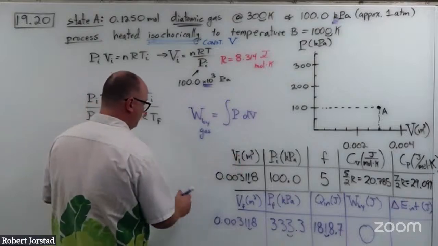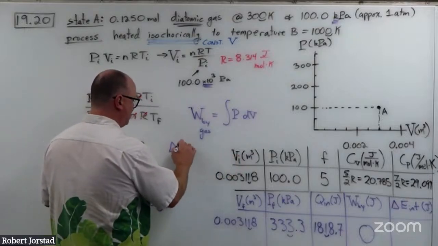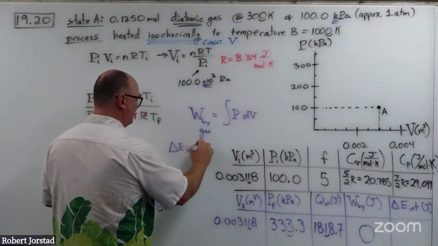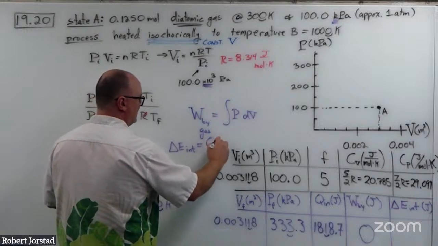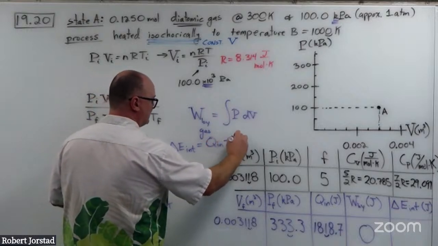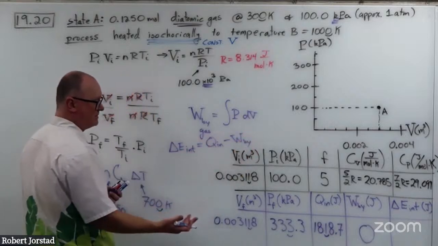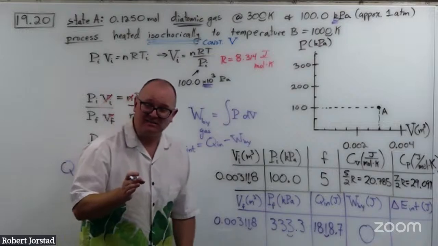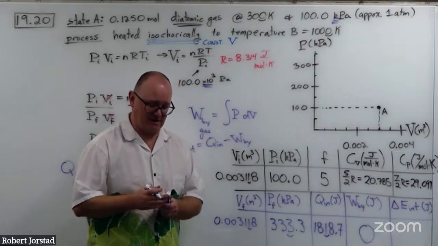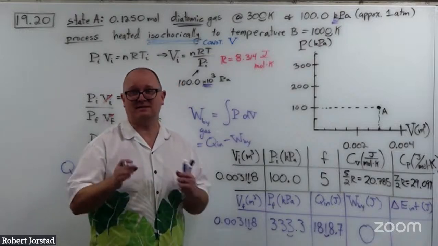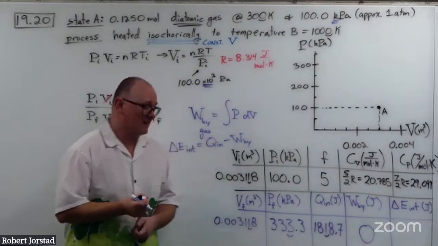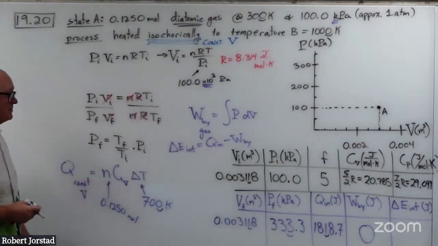Finally, delta E internal, first law. Remember, delta E internal is equal to Q in minus work by. In this case, work by is 0, so it should just be Q in. Recall, there was a shortcut mentioned in the last video: you can always use delta E internal is the heat for a constant volume process.